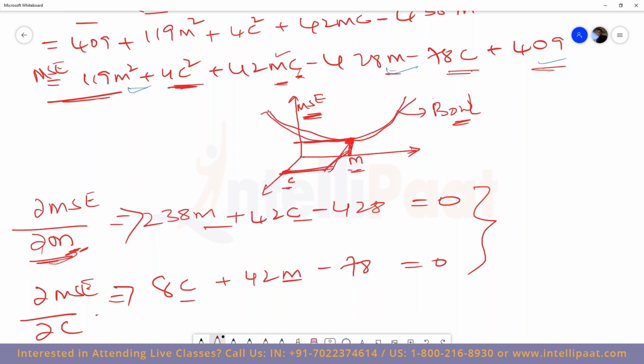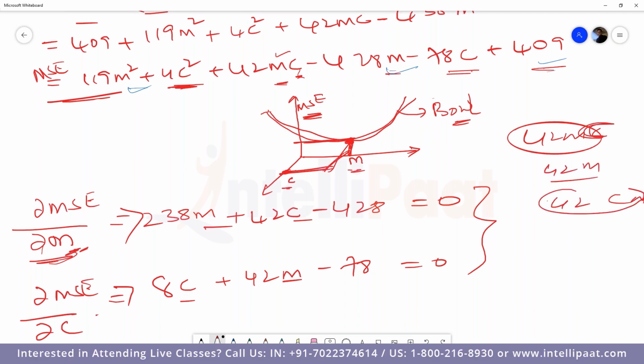Think of it this way: 42 MC, when I'm differentiating with respect to C, the whole thing is a constant except for C. So I'll just have 42M. And similarly, when I'm differentiating with respect to M, 42C becomes constant, and I'll only be left with C in that case. I hope that made sense.